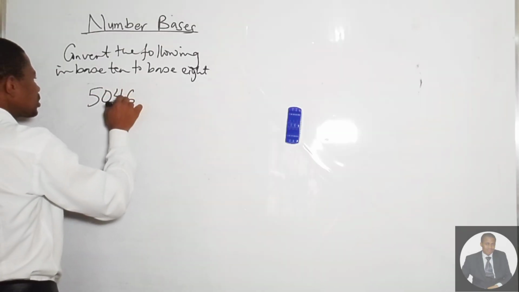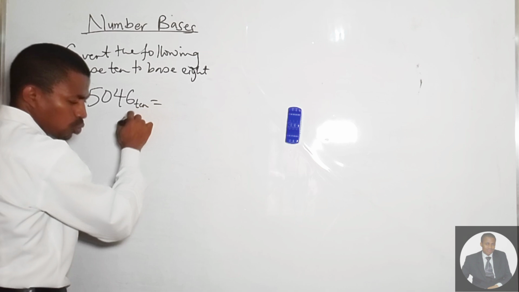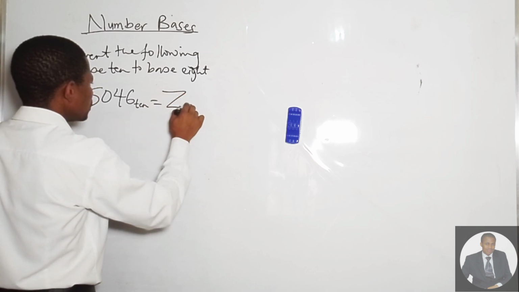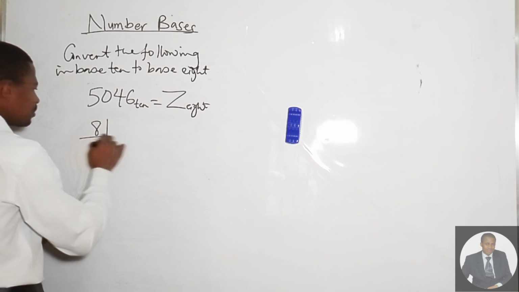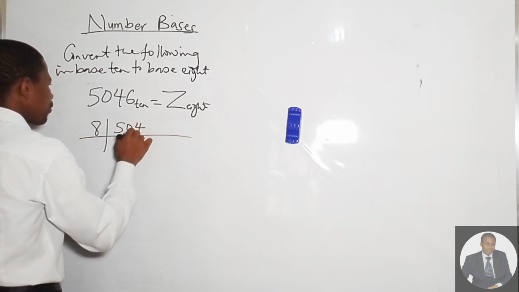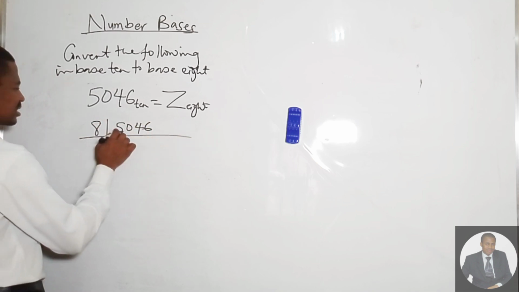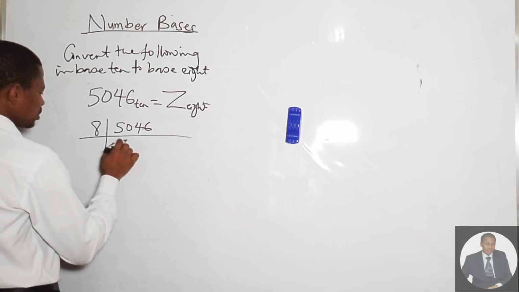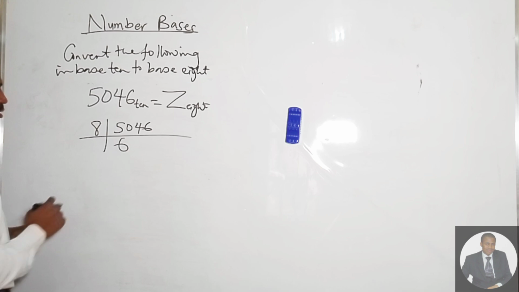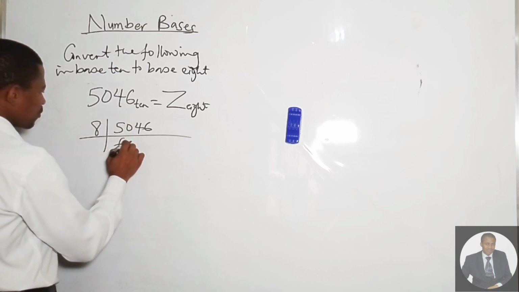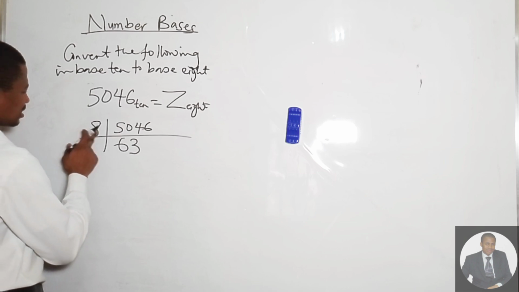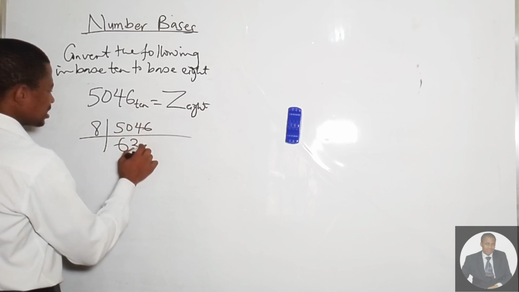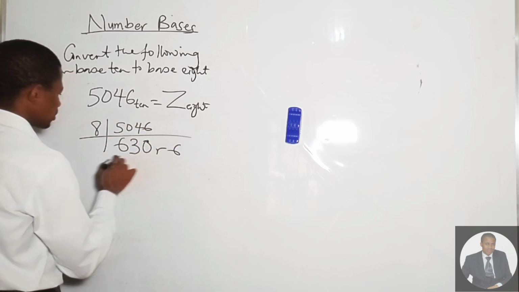5046 base 10 equals z base 8. So we divide 5046 by 8. How many 8s are in 50? 6. 48, remainder 2. In 24, 3, since 8 times 3 is 24. In 6, 0, so remainder 6.